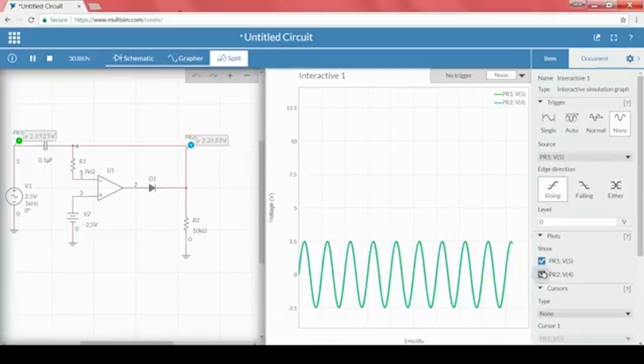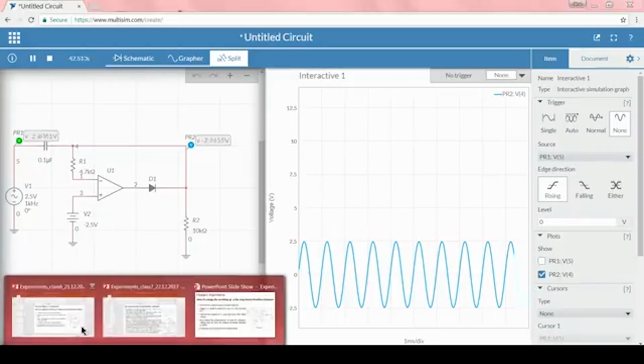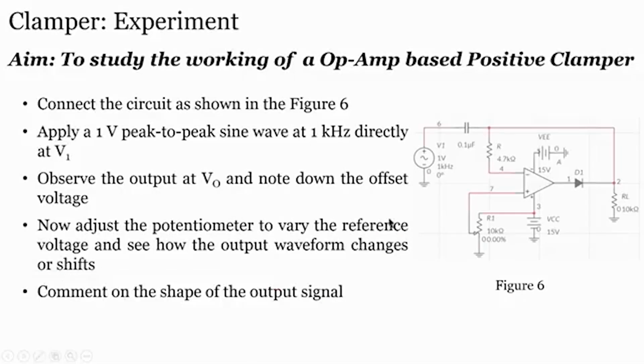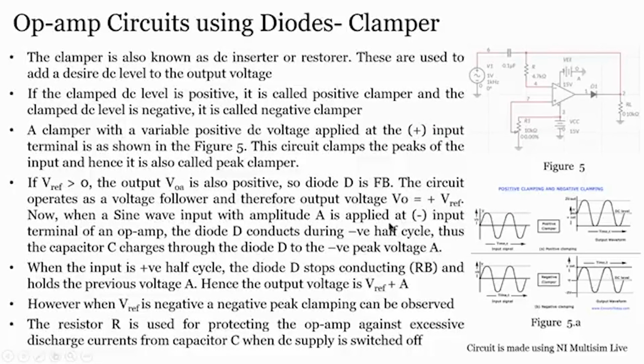Now, what about the negative? I will disable the input, and when you see the output signal, it also shows the same peak to peak, because the reference is minus 2.5. That means I do not need any shift. If you recall what the professor discussed in this lecture, whichever portion you want to clamp, that particular voltage has to be provided at the input.